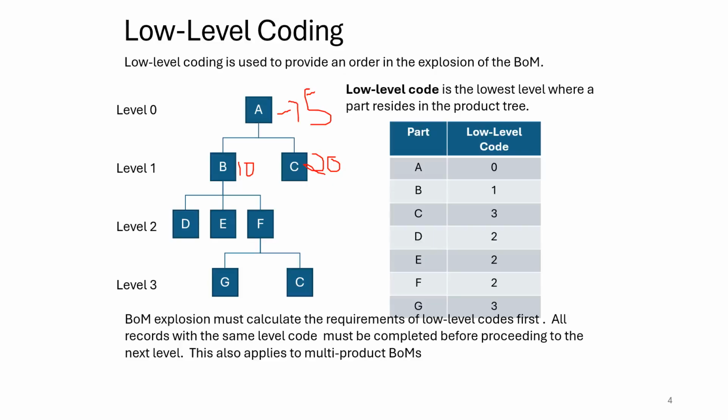So first, the MRP or the material requirement for A is defined, which then defines the material requirements for B and C. And once the material requirement for B is defined, we can then define the material requirements for D, E, and F. And once this is defined, we can then define the material requirements for G and C.